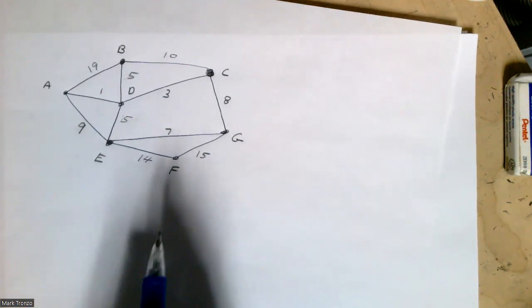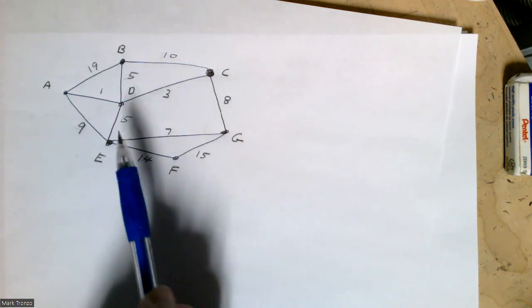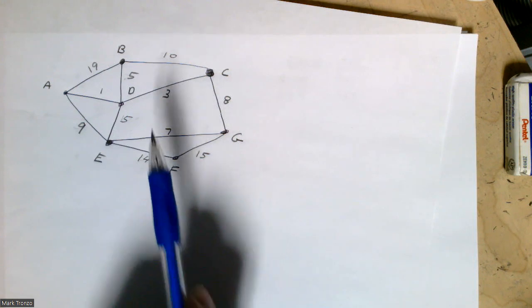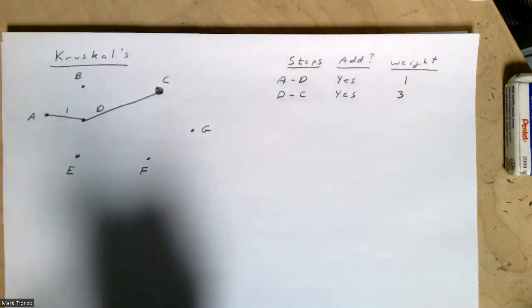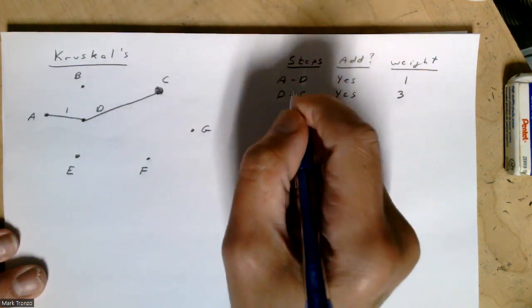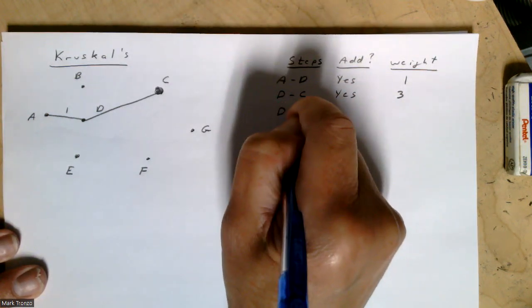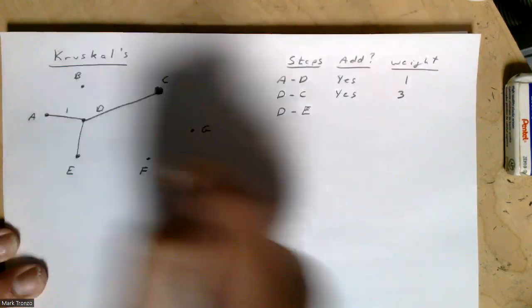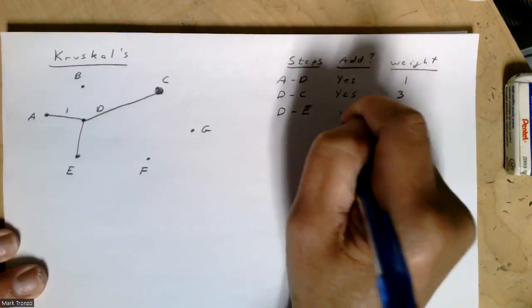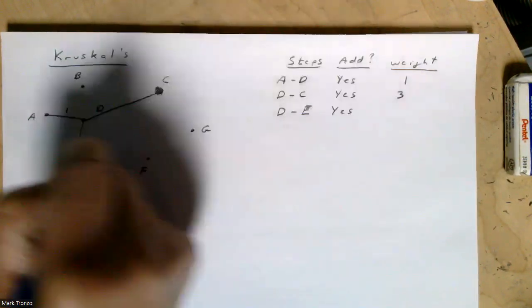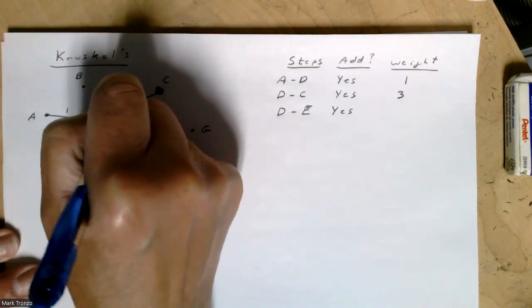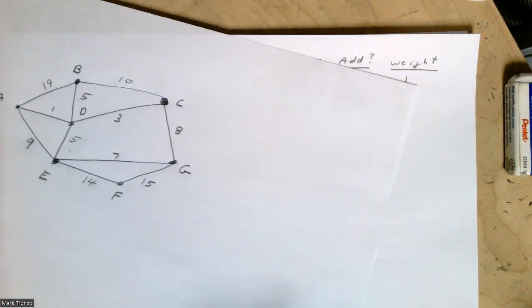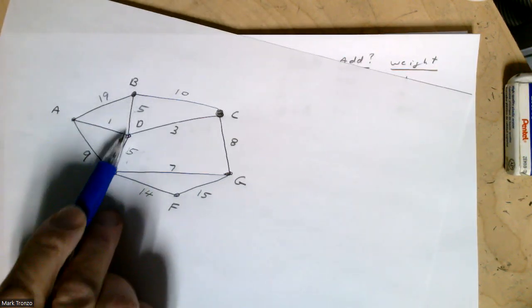And the next one, now here we can choose, we can either add this 5 or this 5 first. So let's add this 5. And next one, let's add this 5.